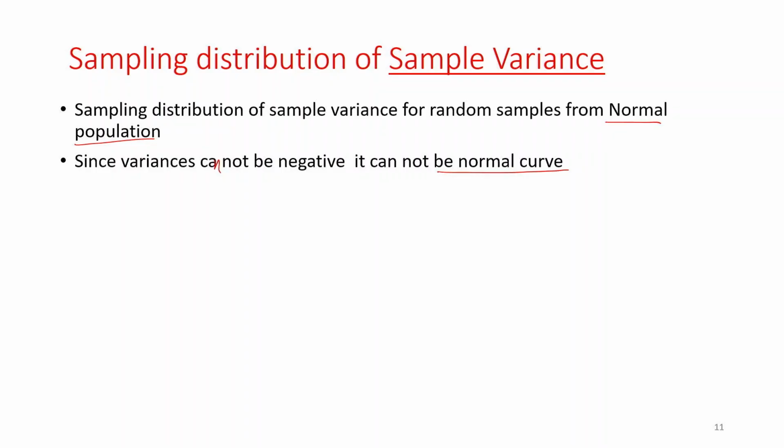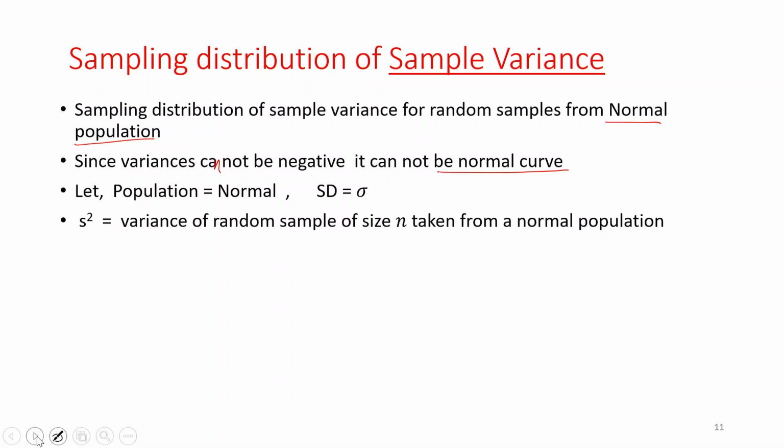A standard normal curve is symmetric and will have negative or positive values. But variances can never have a negative value, which is always a square. Let the population be normal with standard deviation sigma of the population, and let s squared be the variance of the random sample of size n taken from the normal population.